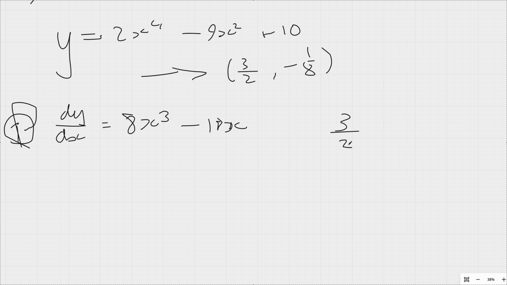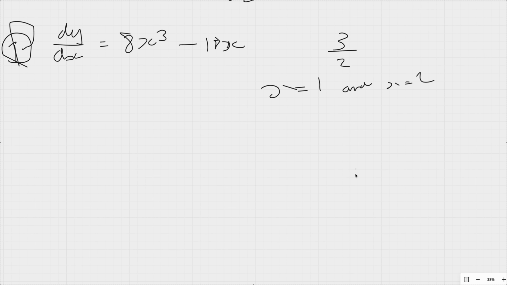For that, it's going to be x equals 1 and x equals 2. Now, why did I do this? Because on a graph, 3 over 2, minus 1/8 is around here. If this was to say 1.5, I have to put in values of 1 and 2 because they're closely related. So it will show me if it's a minimum or if it's a maximum.